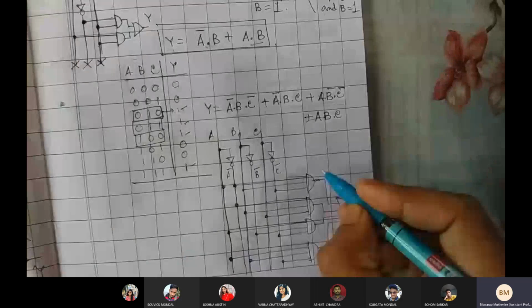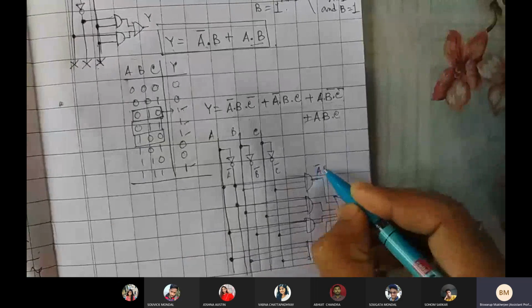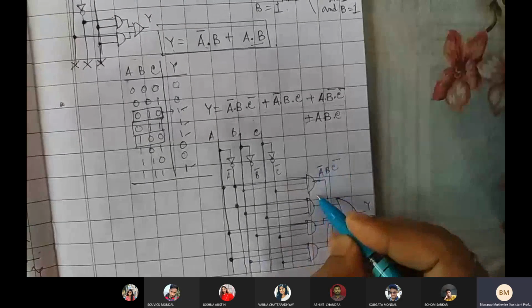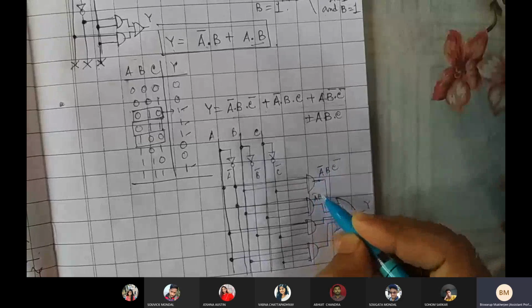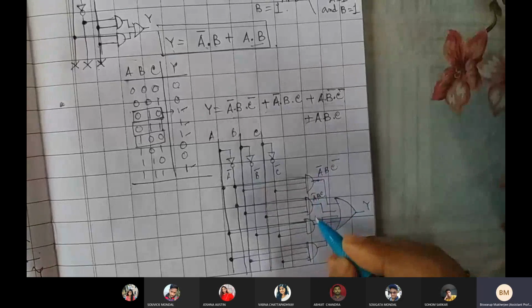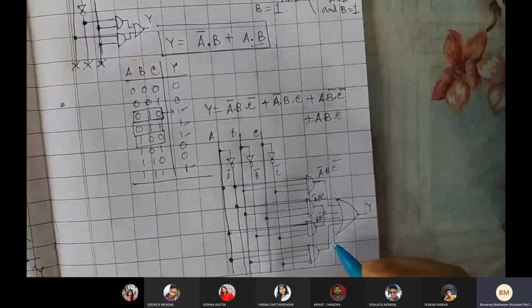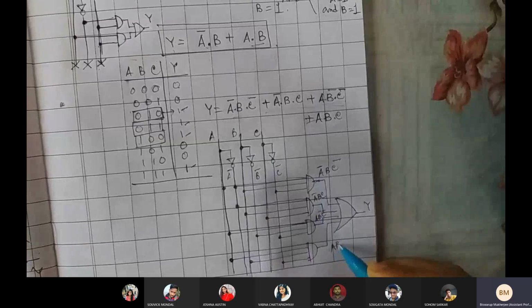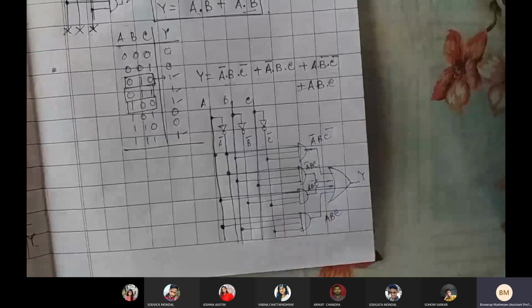So that would be easy. Right now here also you can write down the values: A bar, B, C bar, and this one is A bar, BC. The third one is A, B bar, C bar, and the fourth one is ABC. So you can write it down right over here for better understanding.